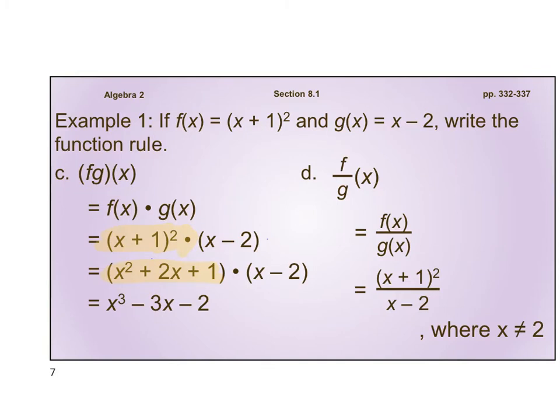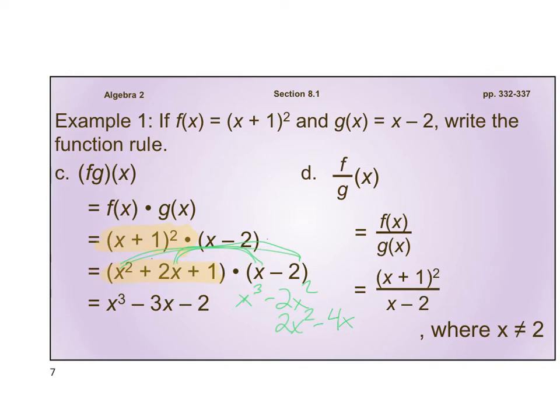Now I've got to multiply. So I have x squared times x, which is going to give me x cubed. And then I have x squared times minus 2. So that's minus 2x squared. And I have 2x times x, which gives me 2x squared. And I have minus 4x.